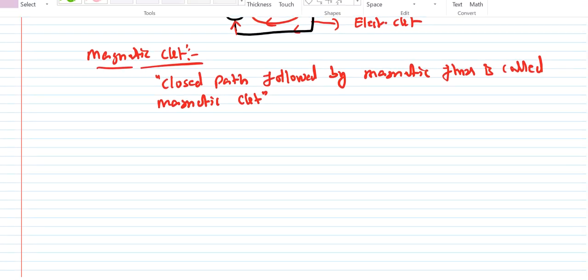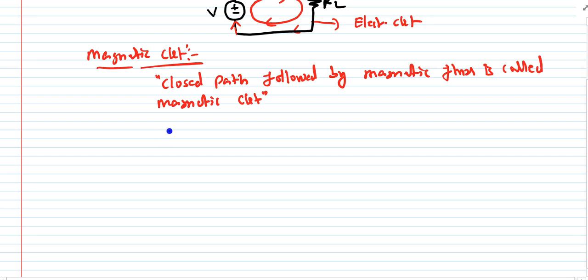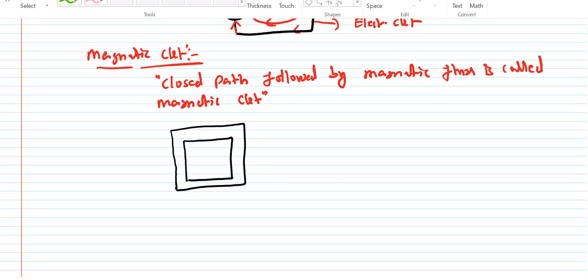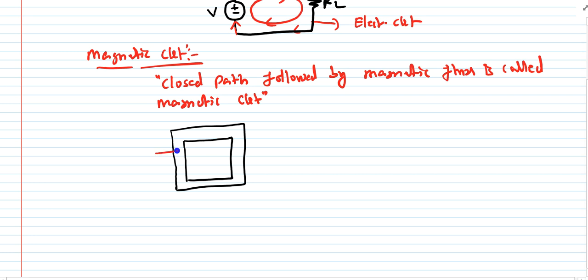To understand this, let us consider a magnetic circuit. I'm taking a simple core, an iron core, something like this. On this core, suppose I have a conductor coil connected, and this has been excited with some supply system.